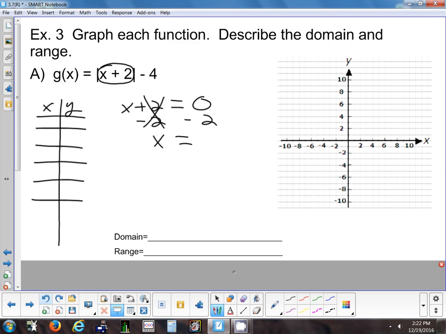So we get x equals -2. Where does that go in my table? Right in the middle. Give me a value smaller. -1? Nope, that's bigger. -3, -4. And then bigger. You already said -1. Give me one more. 0.